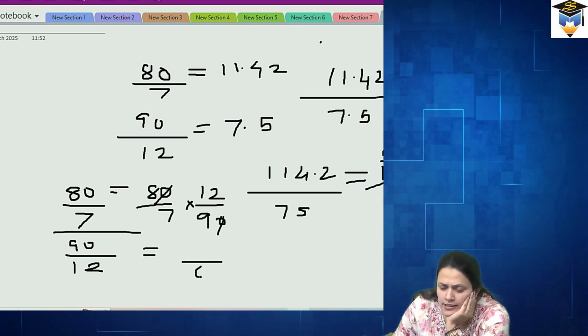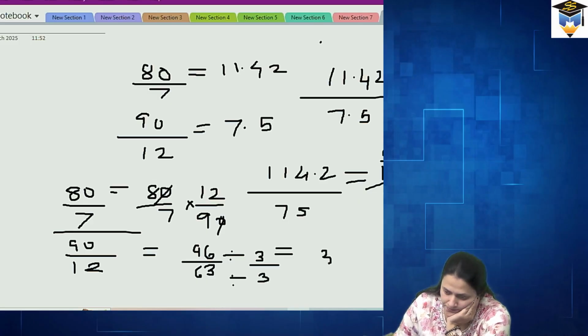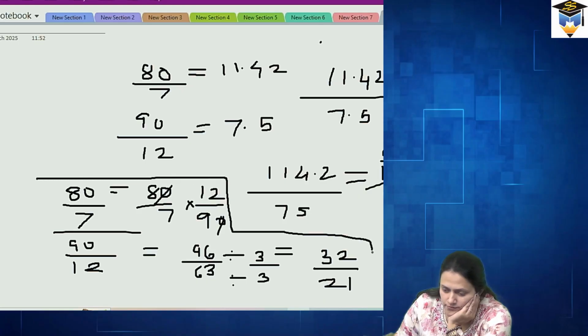Seven 9s are 63. 12 into 8, 96. So if you convert it to lowest form, divide by 3, you will get the answer. Solve it like this only.